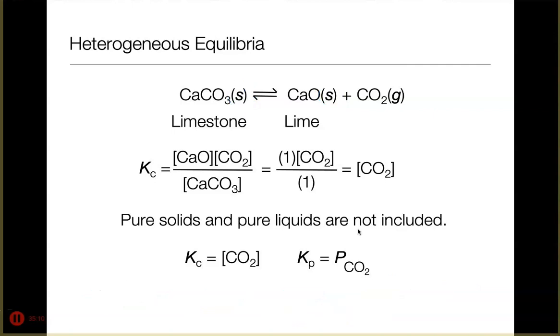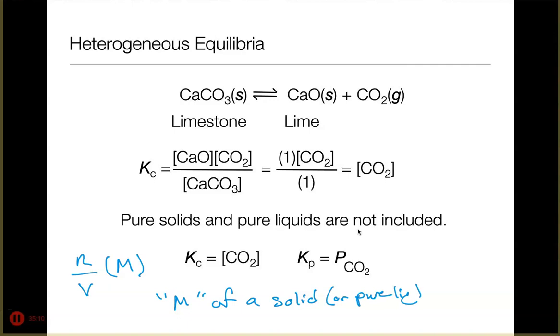There's more theory behind it, but a simpler way that I look at it is, you're talking about concentration in terms of n over V, which you can think of as molarity. If you're looking at a solid, its molarity, quote unquote, of a solid or a pure liquid is equal to its density. Chemical reactions do not change its density.